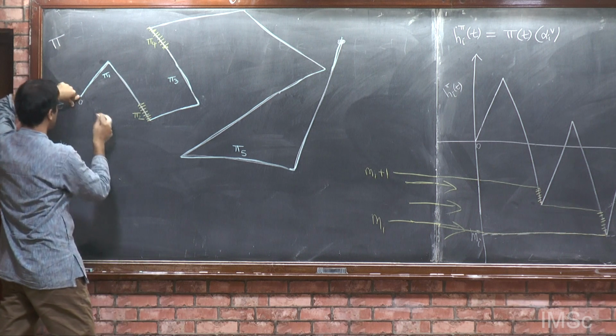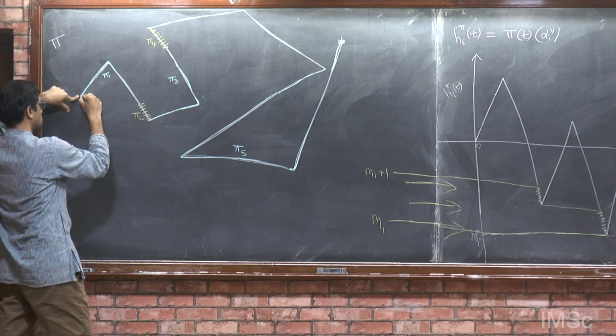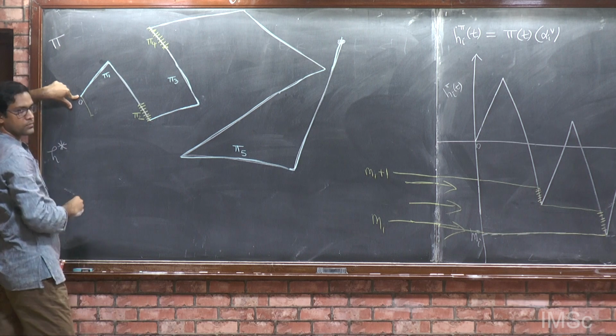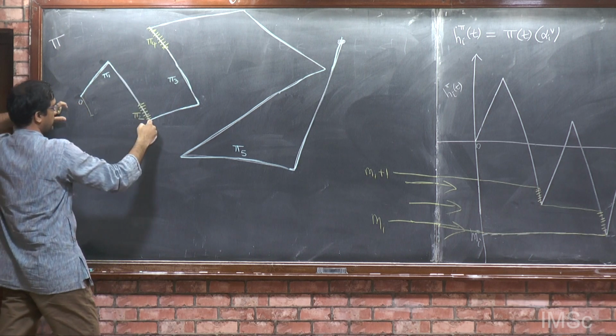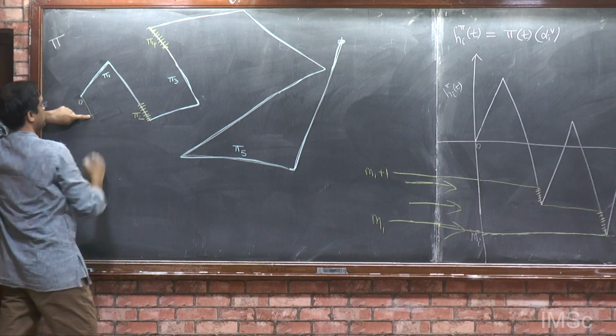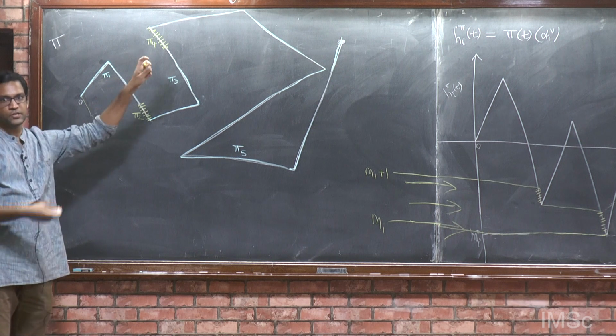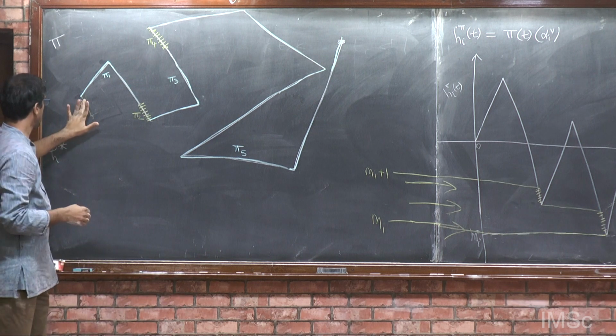Pi 2 should be this path but thought of as beginning from the origin. So this is really my pi 2. Similarly, this path that goes like that is not pi 3 really, but this guy beginning at the origin is my pi 3, and so on. I have to shift all paths back to the origin because that's how I'm thinking of my paths.